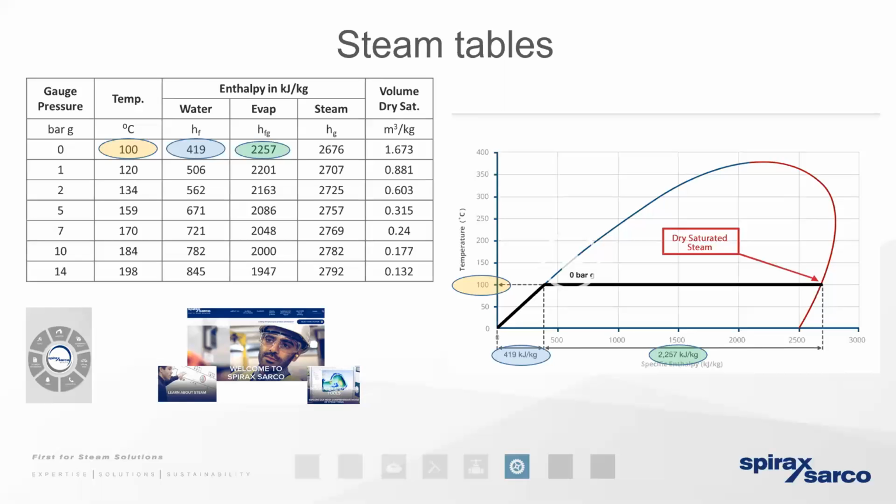And the first two columns really demonstrate that pressure to temperature relationship. In other words, if we've got a heat exchanger that is condensing steam at a pressure of 2 bar gauge, we know that the temperature of steam at 2 bar gauge is 134 degrees, and therefore we know that the temperature of the condensate at those conditions will also be 134 degrees. The condensate can exist as a liquid at that point because of the pressure.